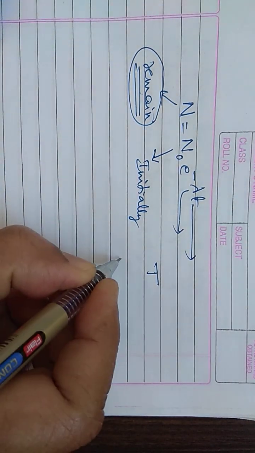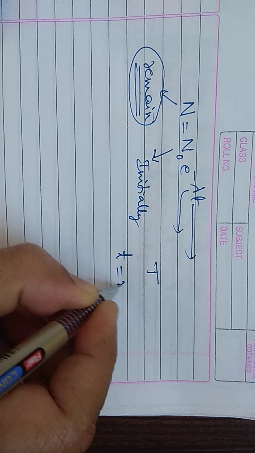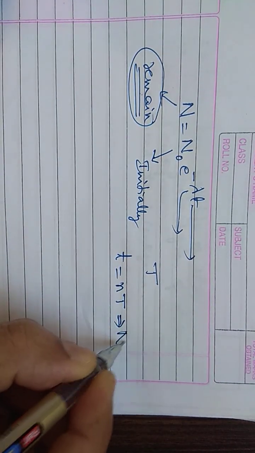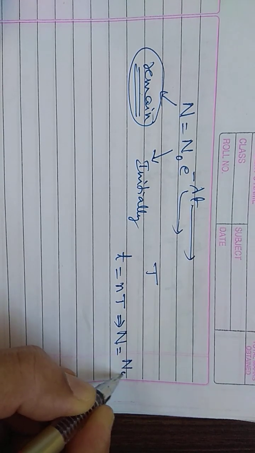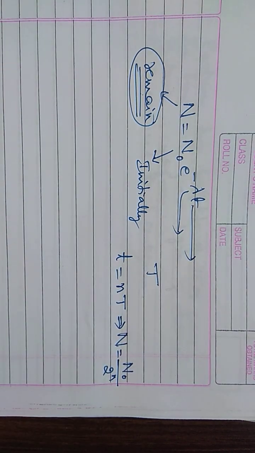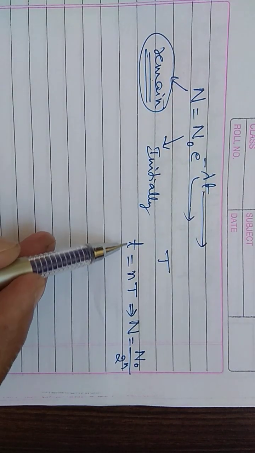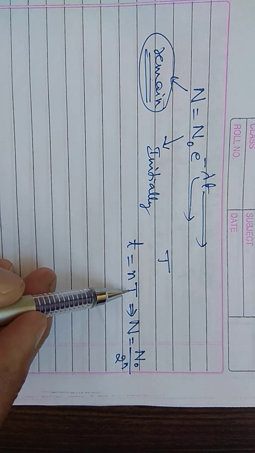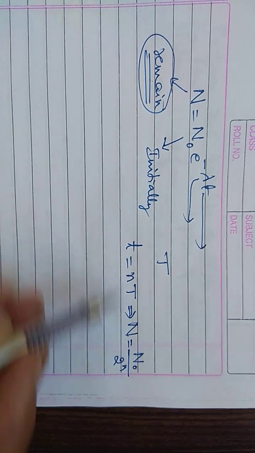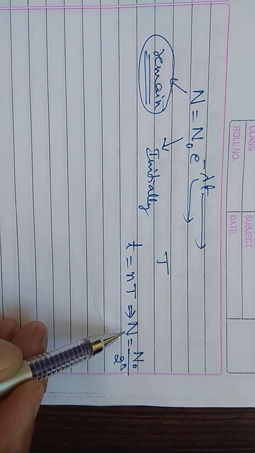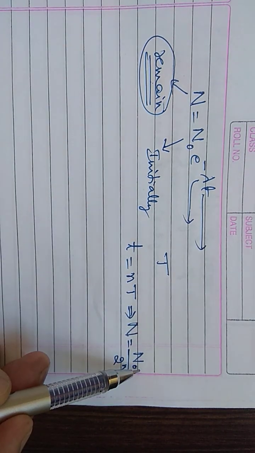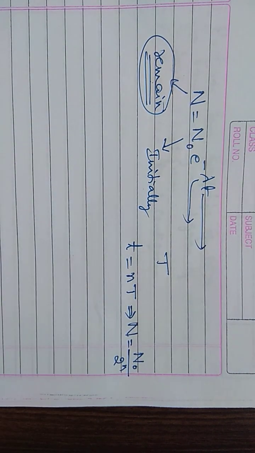Then we have one more formula here. Small t is equal to small n into capital T. If this holds good, then the number of atoms present is given by N is equal to N naught divided by 2 to the power n. Where t is the total time taken, capital T is the half-life, n is the number of half-lives, capital N is the number of atoms remaining, capital N naught is the number of atoms initially present, divided by 2 to the power n.